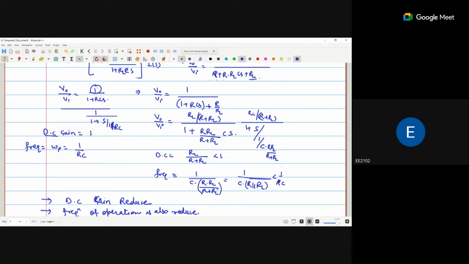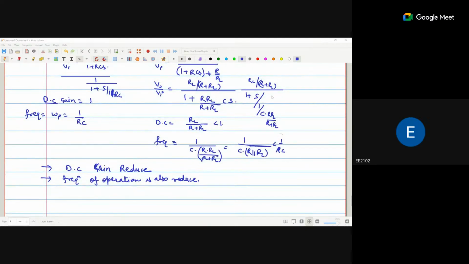So the gain as well as the frequency of operation will vary. Another thing is that my load is not a constant. Sometimes I use one load, sometimes I use another load.